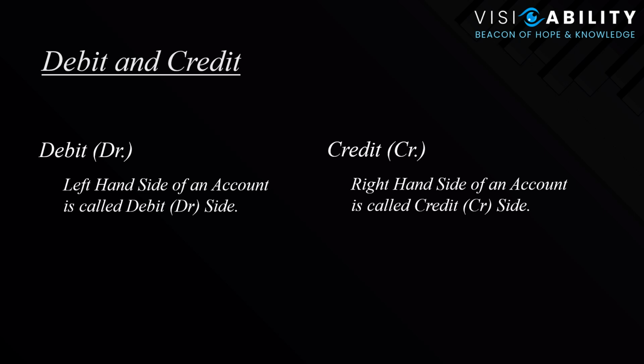So what exactly is debit and credit? They are the two sides of a ledger. The left side of the ledger is termed as the debit side and the right side of the ledger is termed as the credit side.